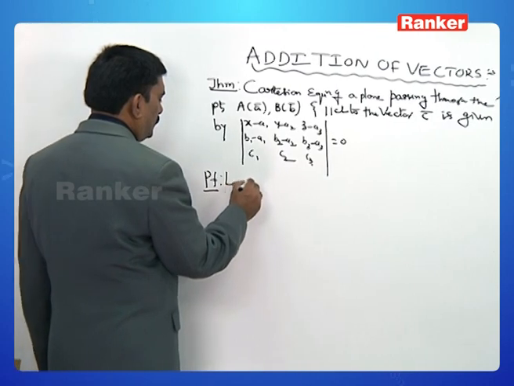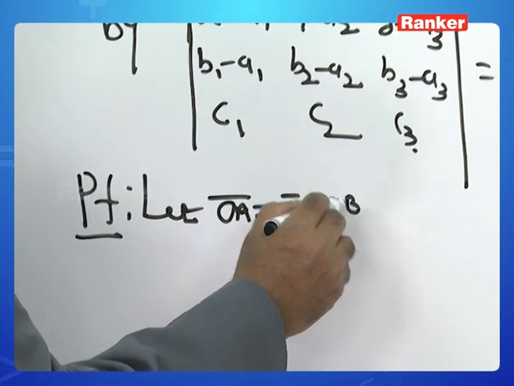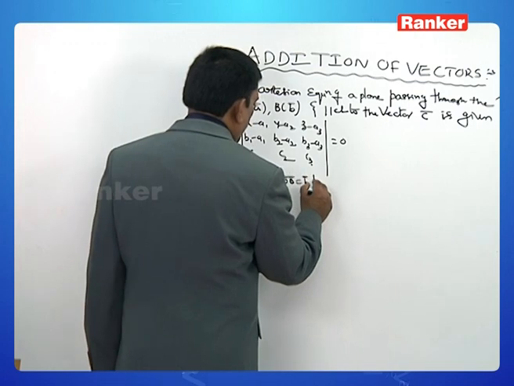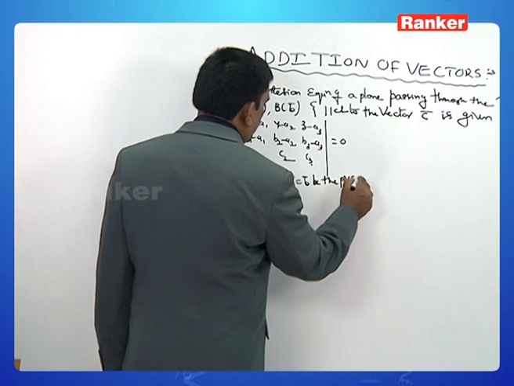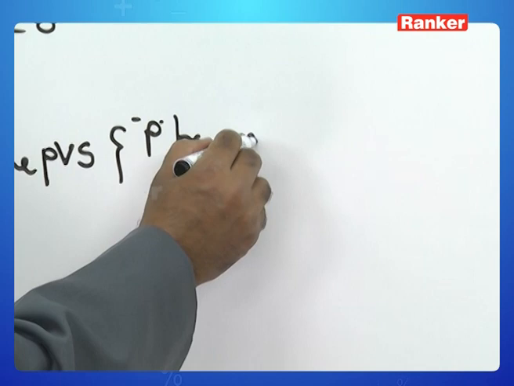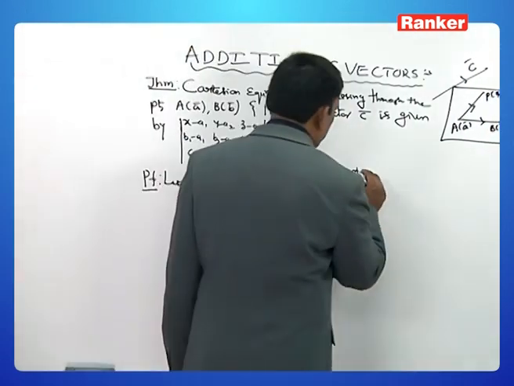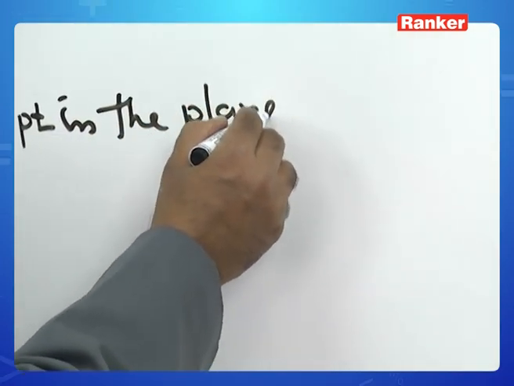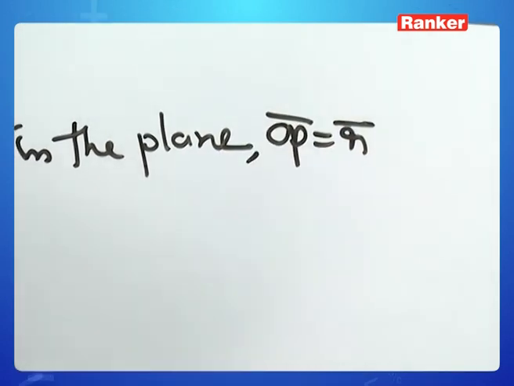Let OA bar equal A bar and OB bar equal B bar be the position vectors, and P be any point in the plane where OP bar equals R bar.